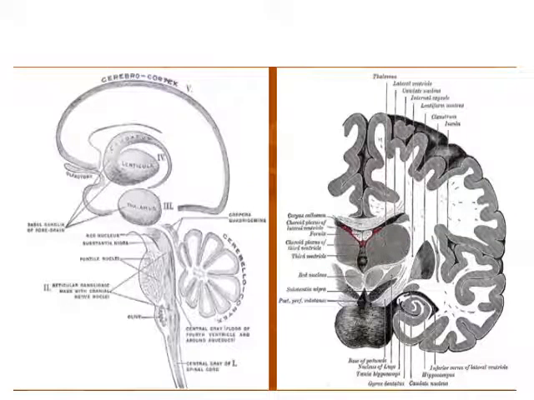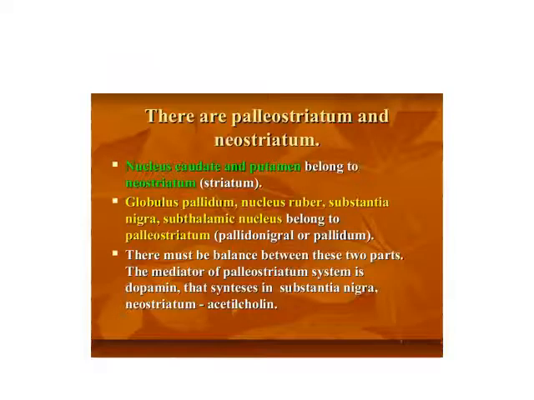This is another picture of the extrapyramidal system and all its parts. We can see here the cerebral cortex, the basal ganglia. There are two main parts forming the extrapyramidal system, the paliostriatum and the neostriatum.